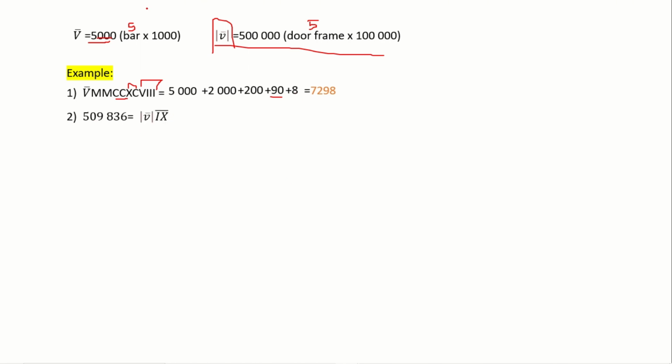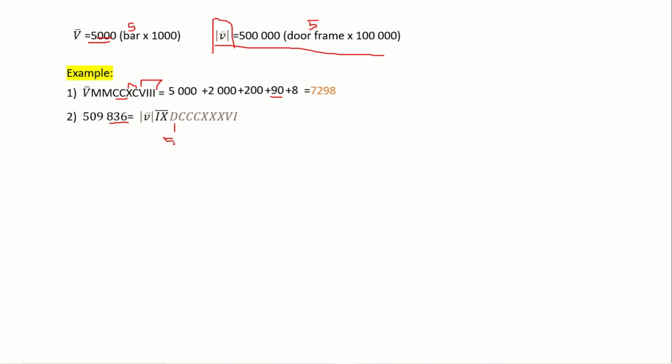Then the IX bar is also equal to 9,000. After that, we need to get 836. For 800, we can put D, C, C, C, X, X, X, V, I.